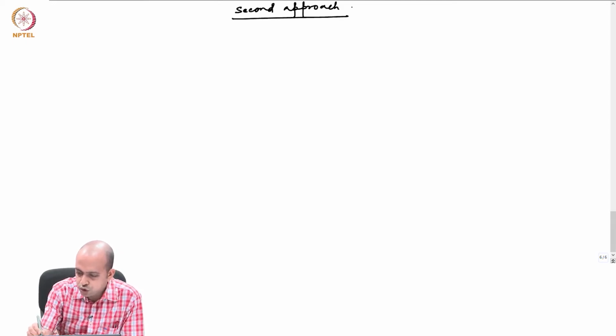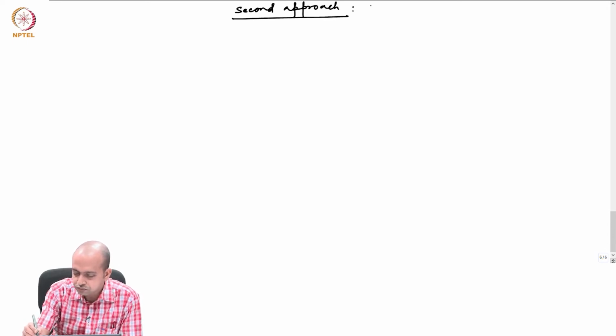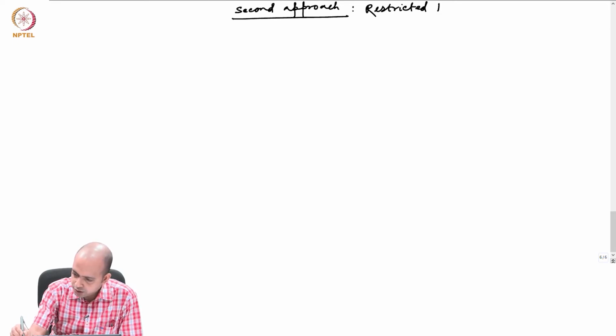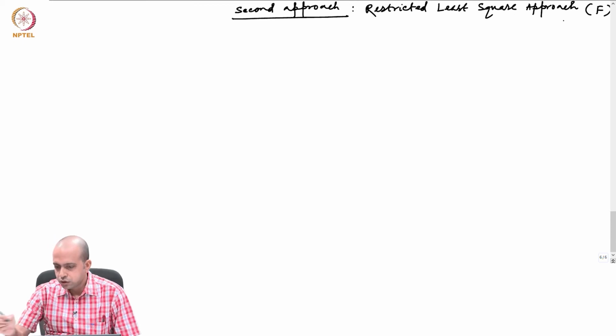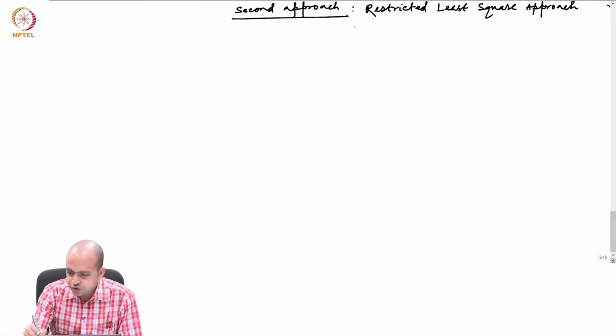And the second approach is known as restricted least square approach, using F. So, here restricted least square approach will use F statistic.